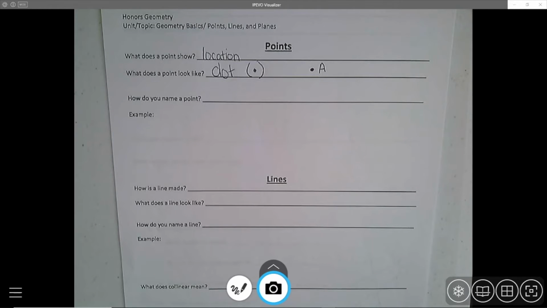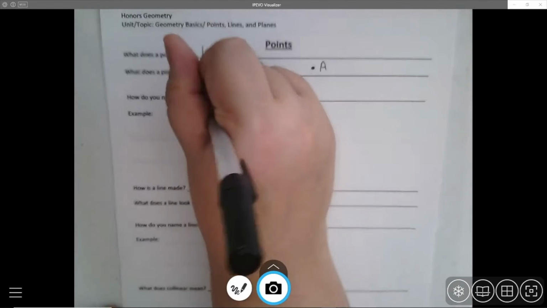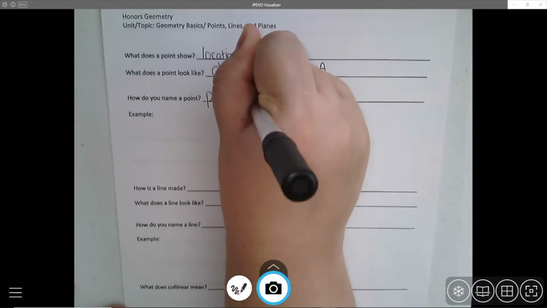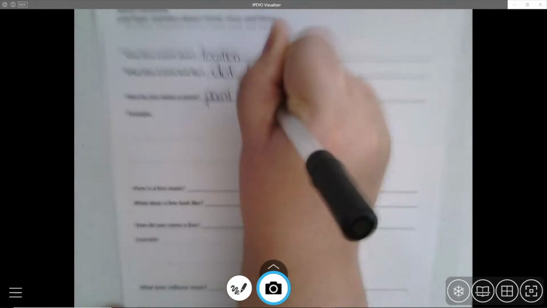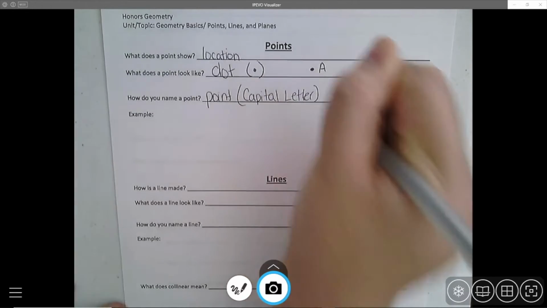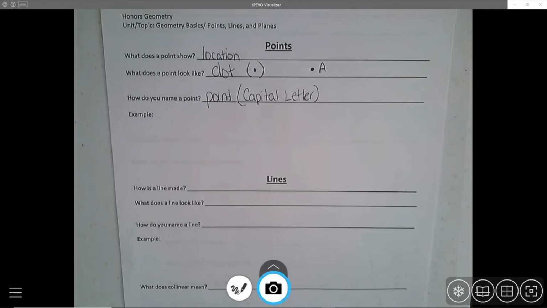If you want to physically tell me what you see in the picture, you're going to say point, and then right after it, tell me the capital letter that you see with it. By saying point, then that capital letter, that allows the person you're describing it to know exactly what they are looking at.